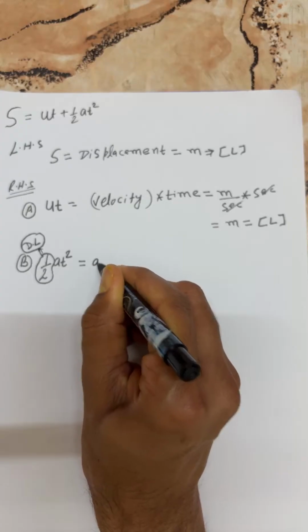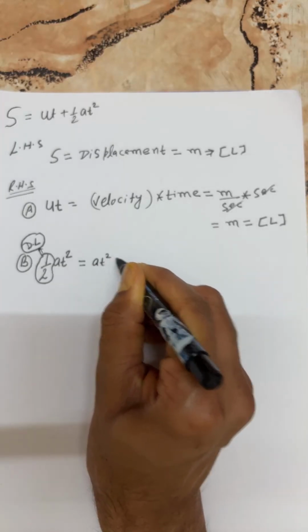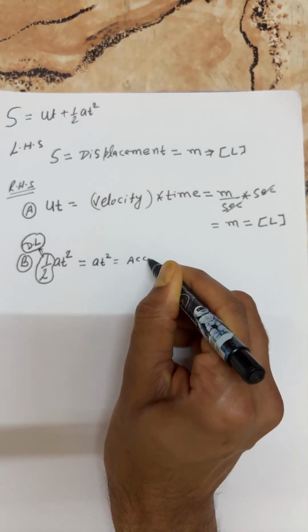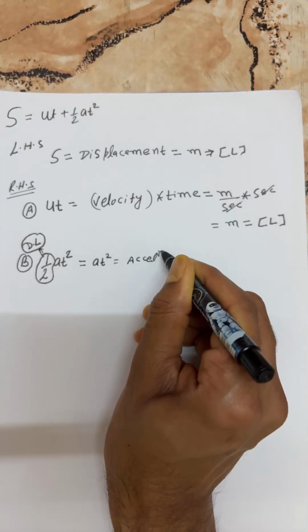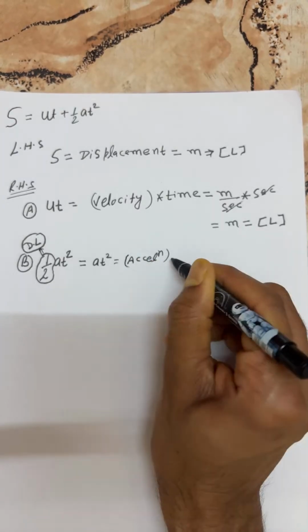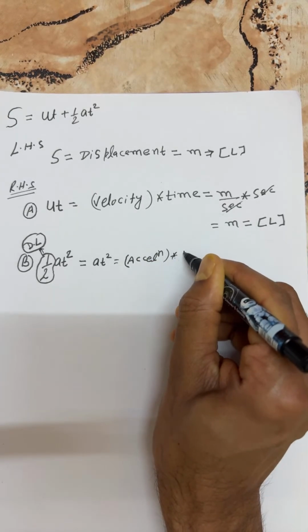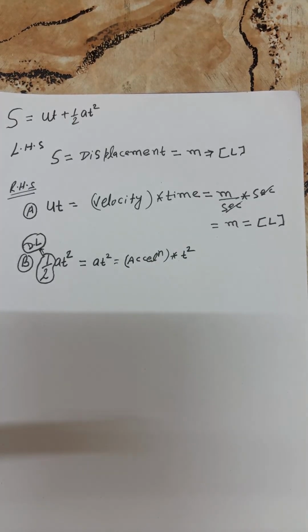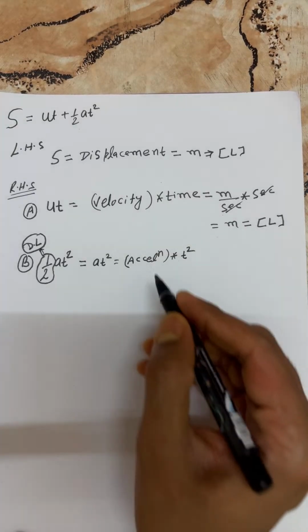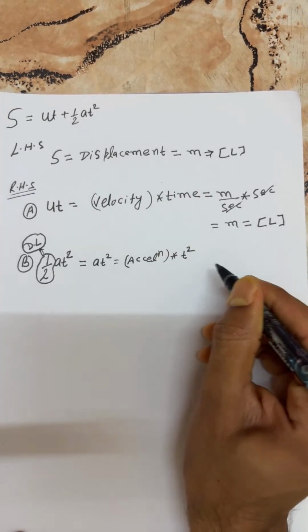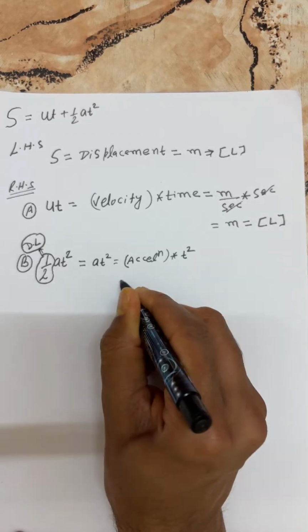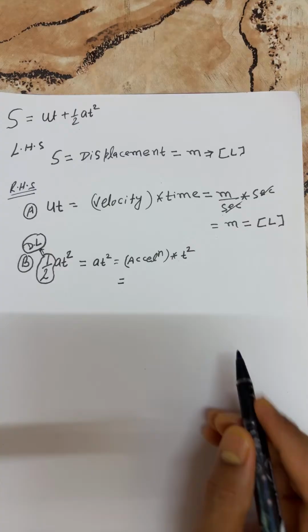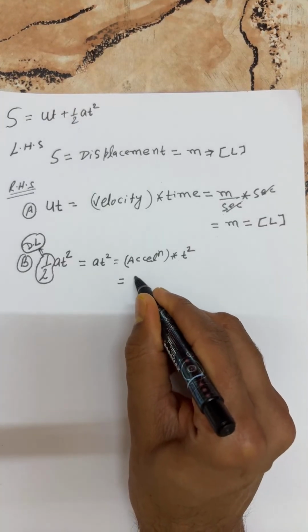This is a into t square. What is a? Acceleration, into time square. Tell me, what is the unit of acceleration?